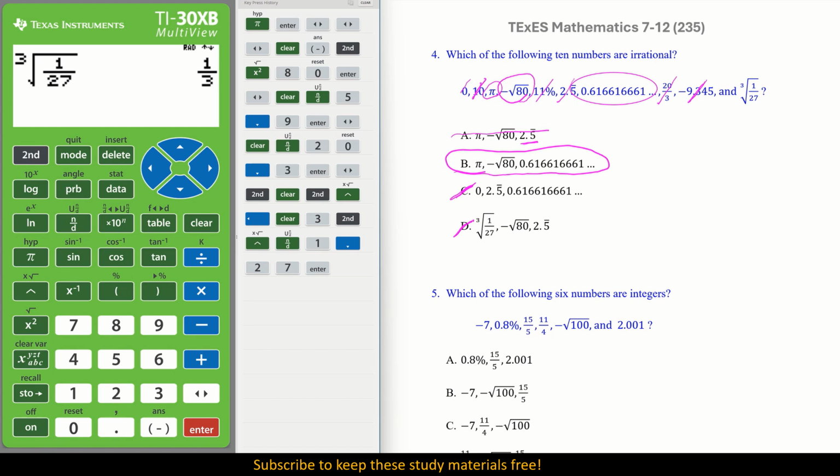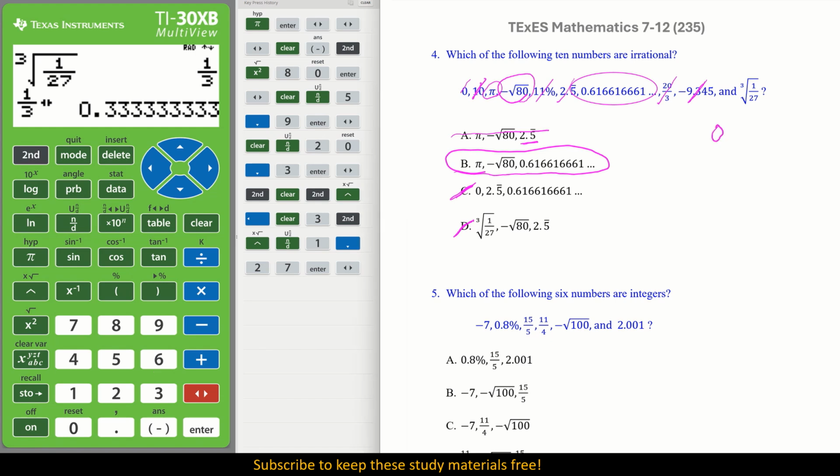And it's 1/3. If we push the toggle button, we see that that is a 3 repeating. And by the way, just as our repeating 5, that is properly written also as 0.3 bar. All right, so that verifies that B is our option.